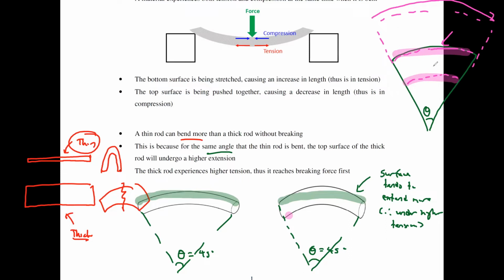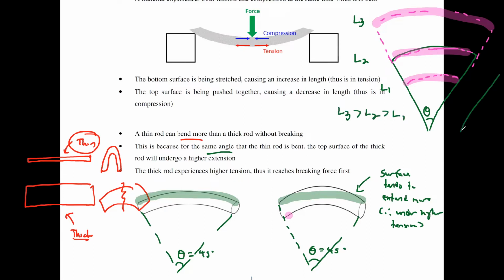Maybe I better just show it a different way. Let me just redraw it properly for you. If I give you three different lengths, L3, L2, L1, L3 more than L2 more than L1. So this one is if the rod becomes thicker.